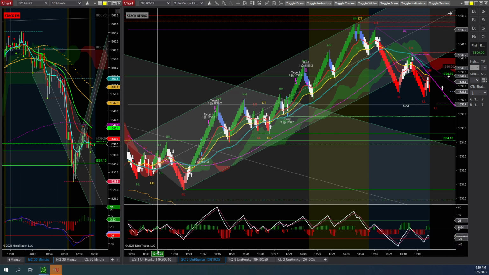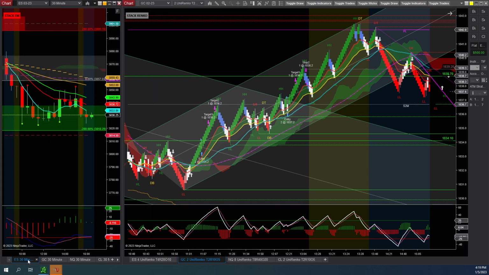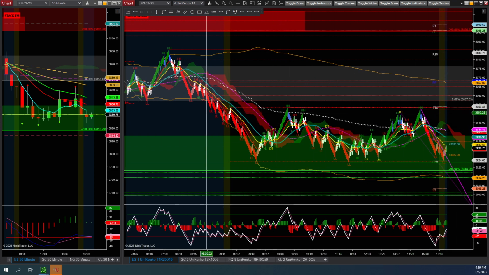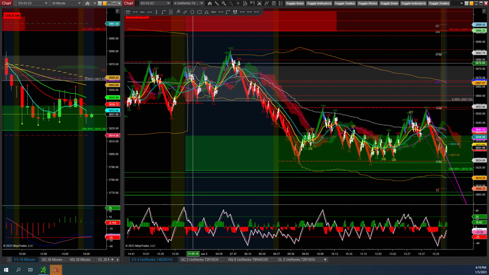So let's review a bit the action in ES. I'm gonna keep the 4 unit Renko here just because it's analysis. I was not trading today. You see that pre-market it was a channel actually, and I did mark this box right here. So you see that there's up, down, try to move to the upside, but then keep moving there.